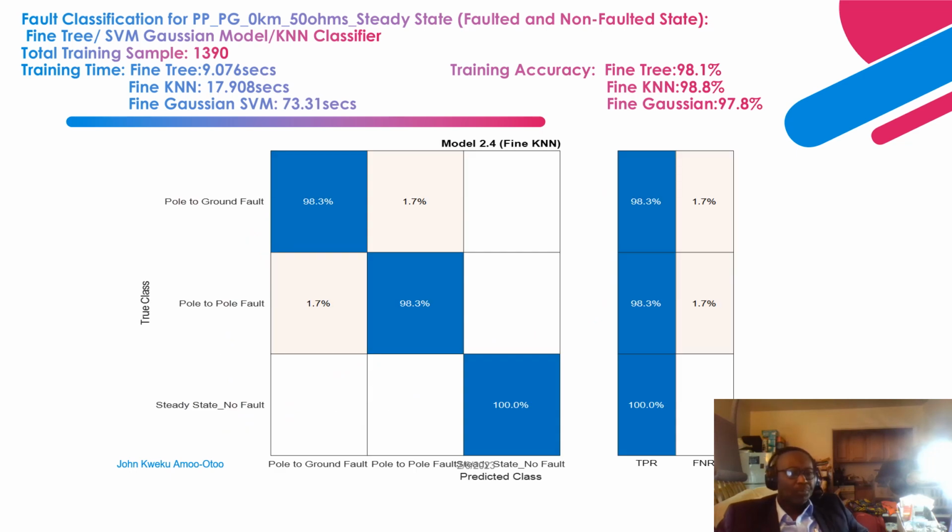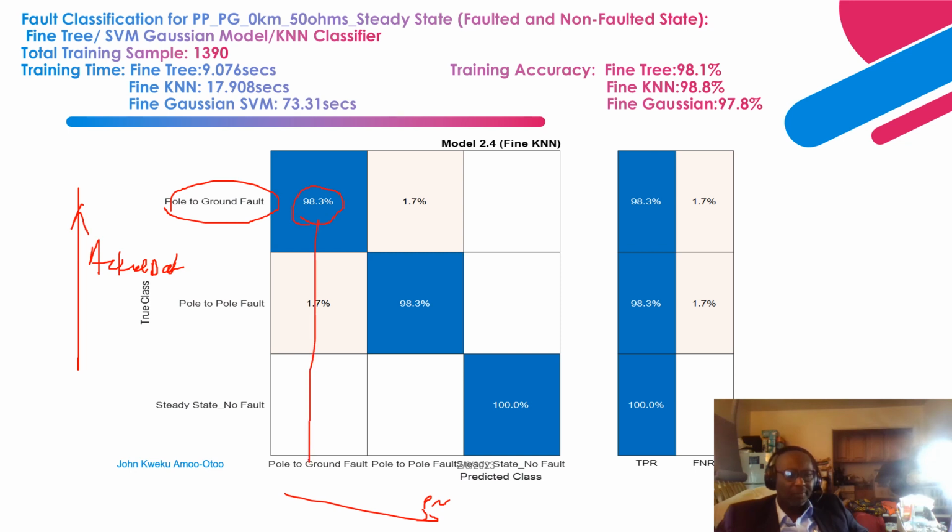So for the fine KNN, what it's telling us is that for a pole to ground fault, this is the actual data points, and this is my predicted data points. 98.3% was classified correctly for pole to ground fault. 1.7% of it was misclassified as pole to pole fault, and there was no misclassification between steady state and pole to ground fault.